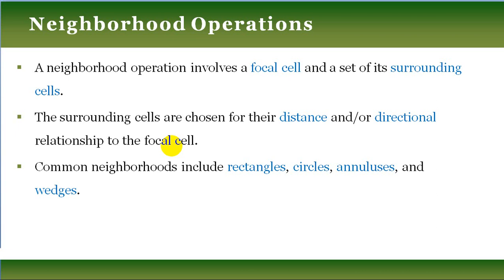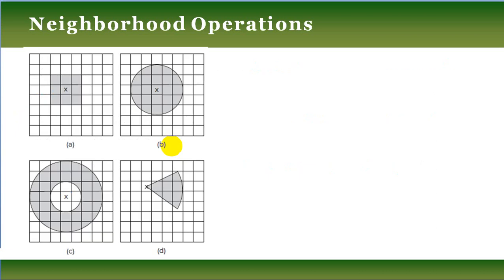Commonly those four types of neighborhood are considered in neighborhood operation, and based on the focal cells, we calculate. This is an example of a neighborhood view. This is a rectangle, or you can say square. This is a circle. This is an annulus. This is a wedge shape.